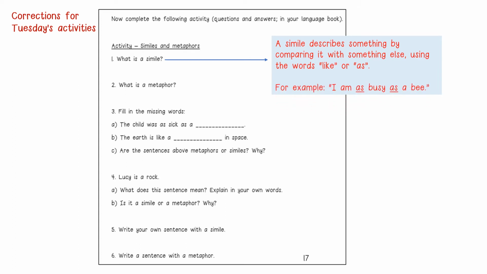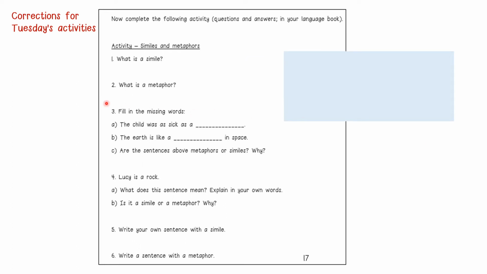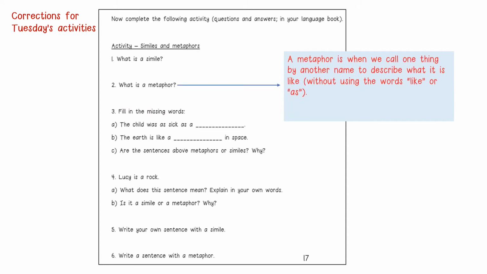For example, I am as busy as a bee. Number 2, what is a metaphor? A metaphor is when we call one thing by another name to describe what it is like, without using the words like or as. For example, you are my sunshine.